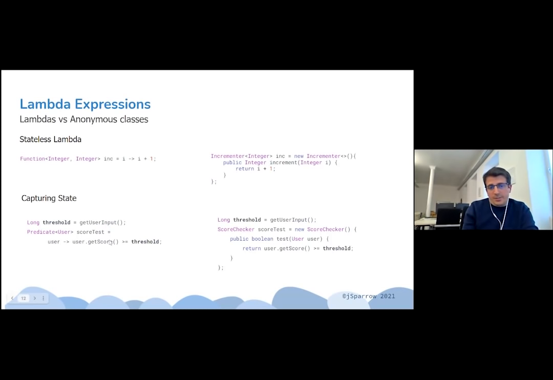And in the worst case scenario, the performance of a lambda expression would be as good as the performance of a normal anonymous class. And actually lambdas that do not capture variables from state are quite commonly used.